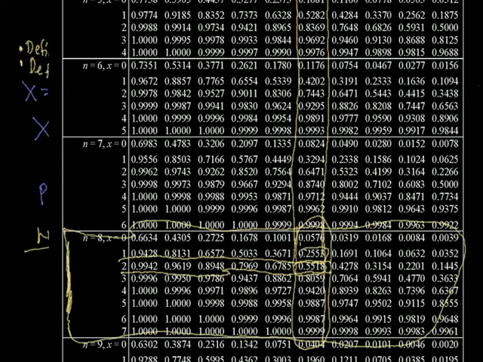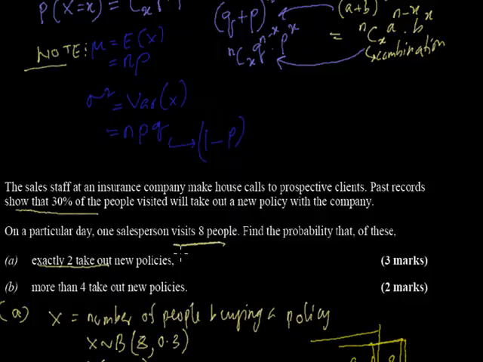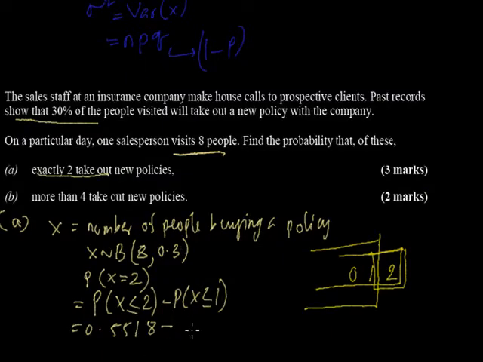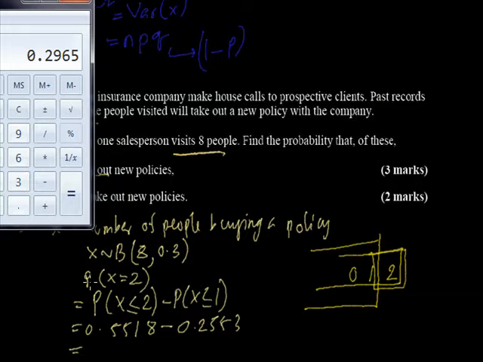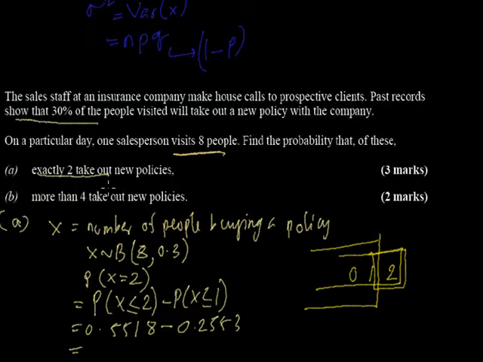This is going to be 0.2553. So now if we go back to the sum, this would be 0.2553. So if we subtract the 2, we get 0.2965. So that's the answer, the probability.